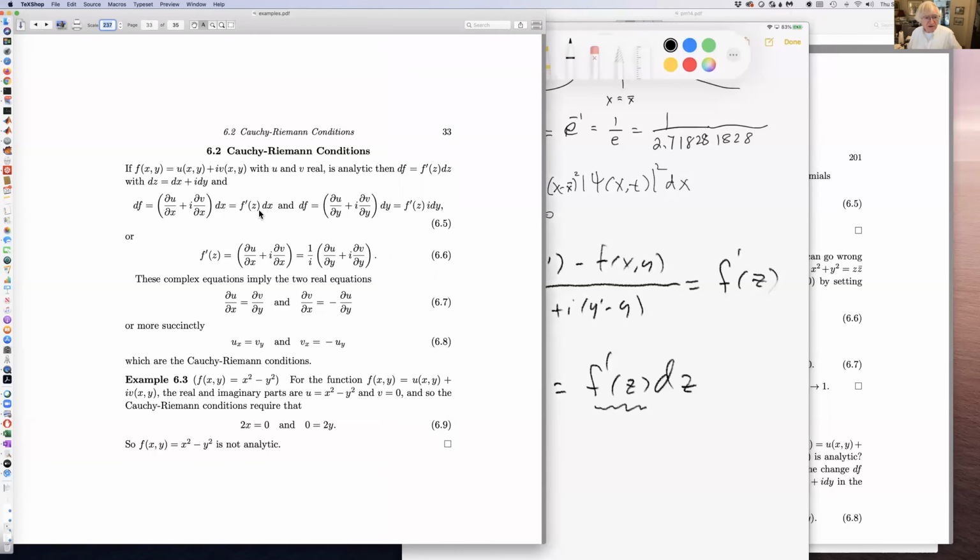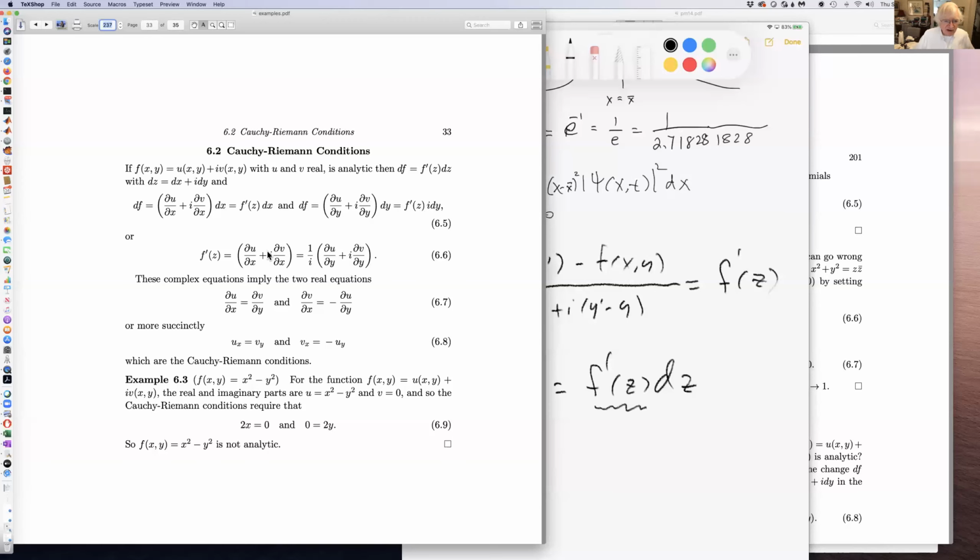So what we want to be equal are the two definitions of f prime. Then f prime here is this quantity by itself, and over here f prime is this quantity divided by i, so we have 1 over i.